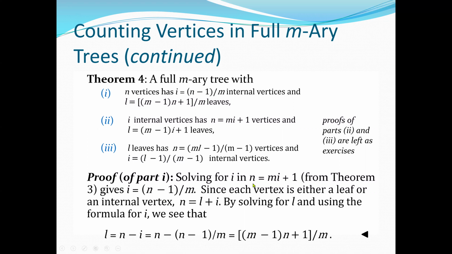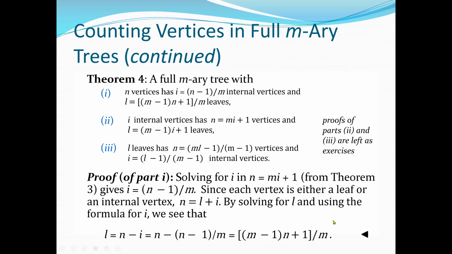So next is solving for i in n equal to mi plus 1. From our third theorem in the previous slide, we know that i equal to (n minus 1) over m. m is the number of children, n is the number of vertices. We want to find i. Each vertex is either a leaf or an internal vertex, so n equal to L plus i.